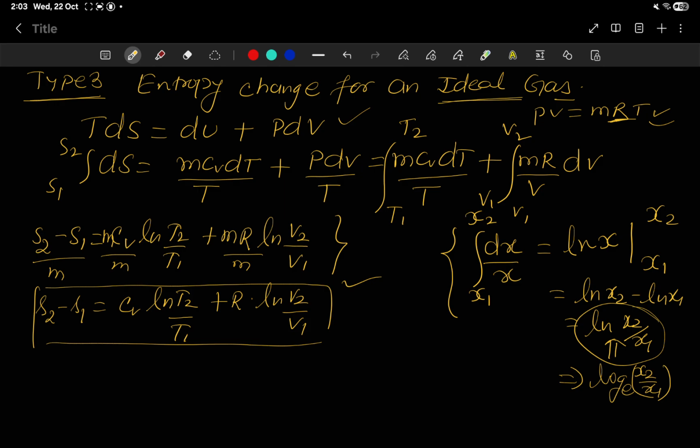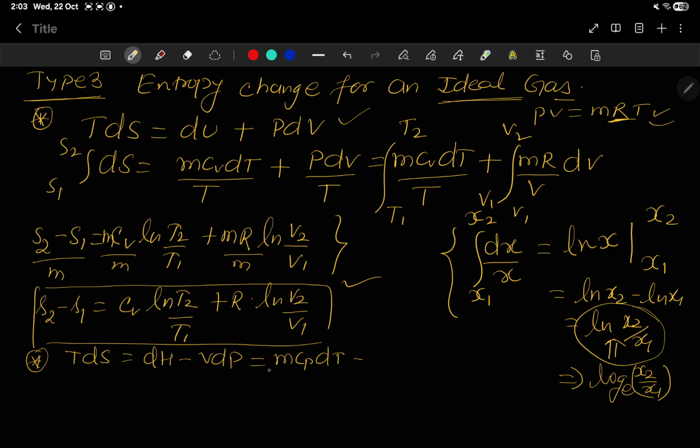Let me erase this. So this was the first TdS equation. Now another TdS equation is TdS equals dH minus VdP, and in case of ideal gas we can write dH as mCp dT.